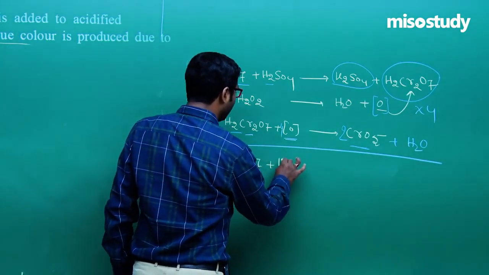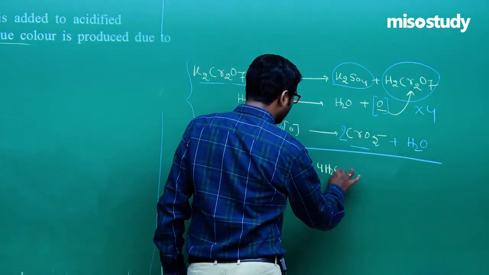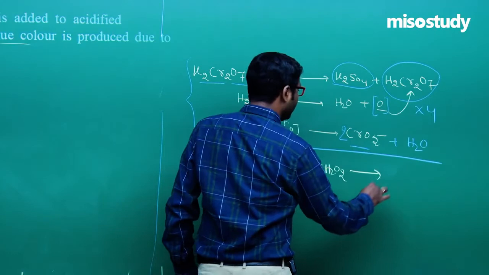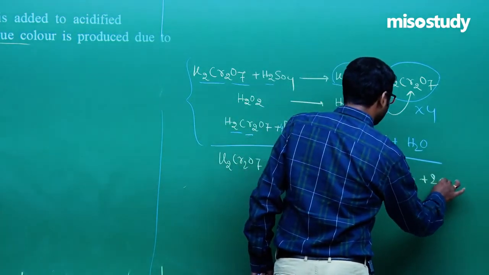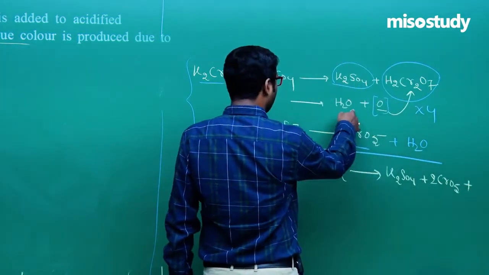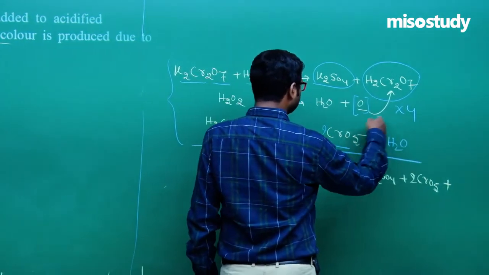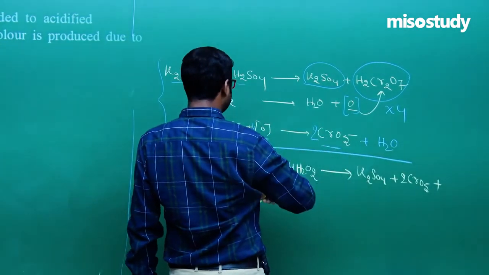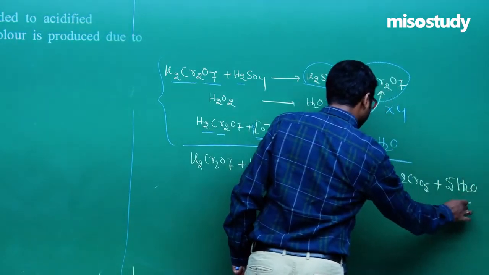K2Cr2O7 plus H2SO4 plus 4H2O2. Clear? Gives you K2SO4 plus 2CrO5 plus 4H2O plus O, and O cancels, 4H2O plus H2O, that is 5H2O.